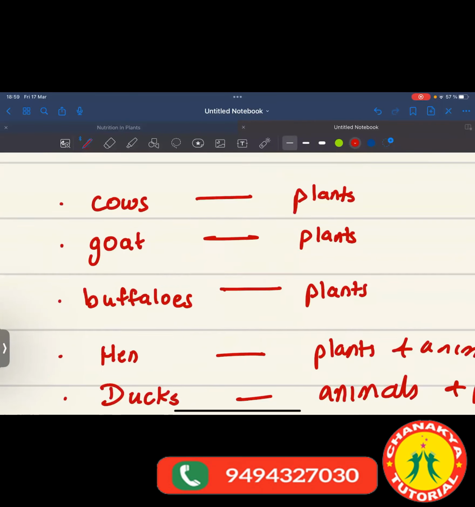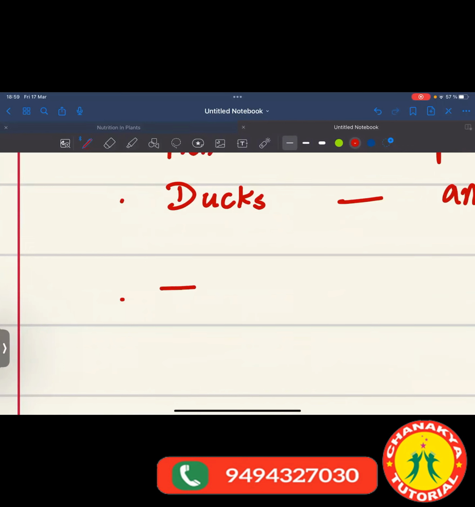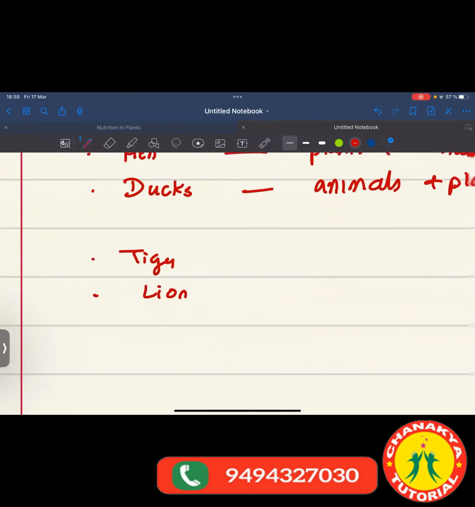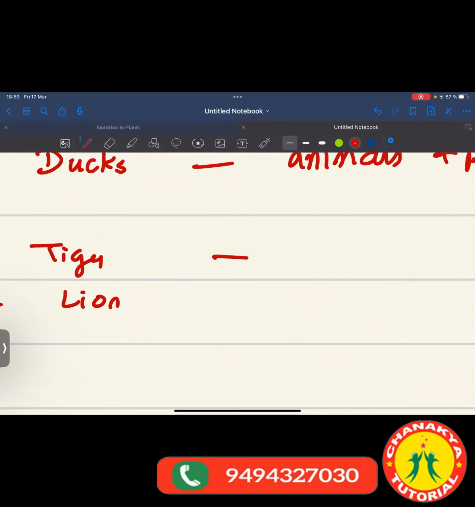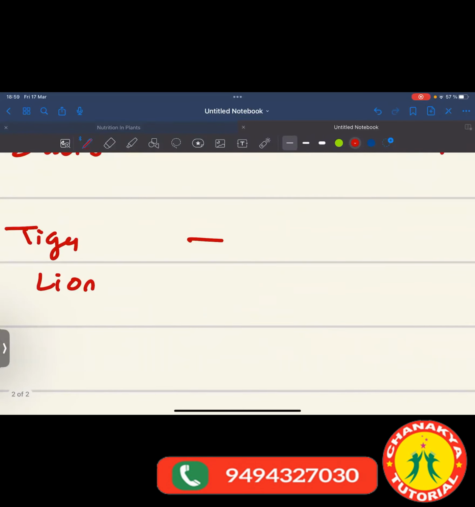Now what about other animals like tiger and lion? What do they eat? Ma'am, these all eat the flesh. They are carnivores. They're called what? Carnivores. Very good.